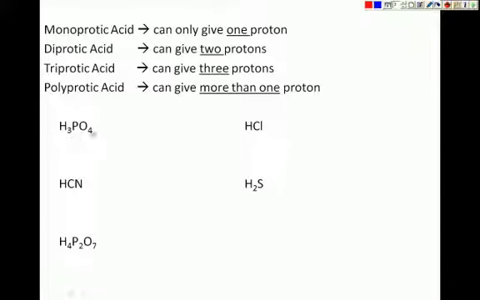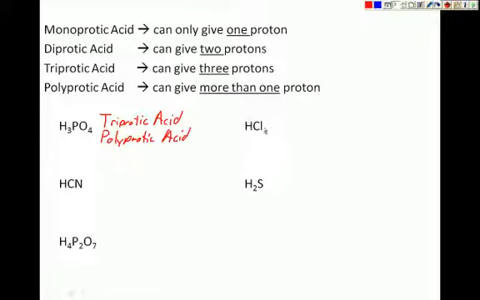Since it has 3 protons that it is capable of donating, this is a triprotic acid. But since it has more than 1, you can also say that this is a polyprotic acid. So H3PO4 is a triprotic acid, and it's polyprotic as well.